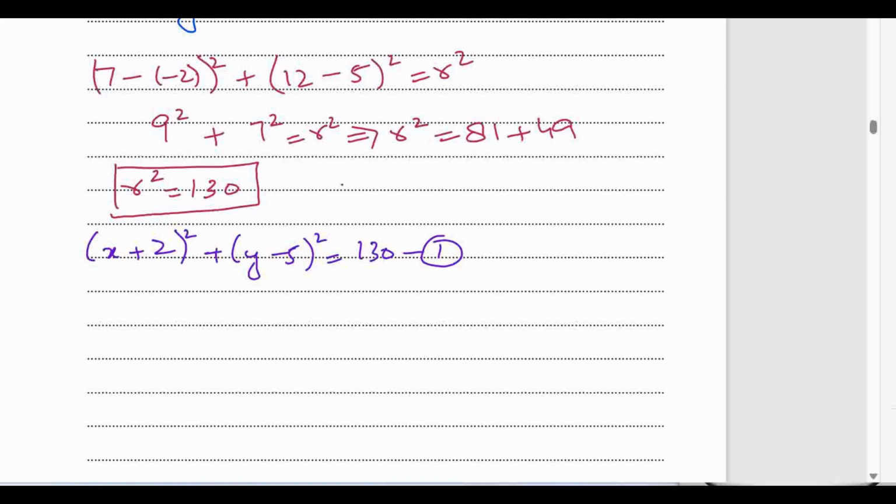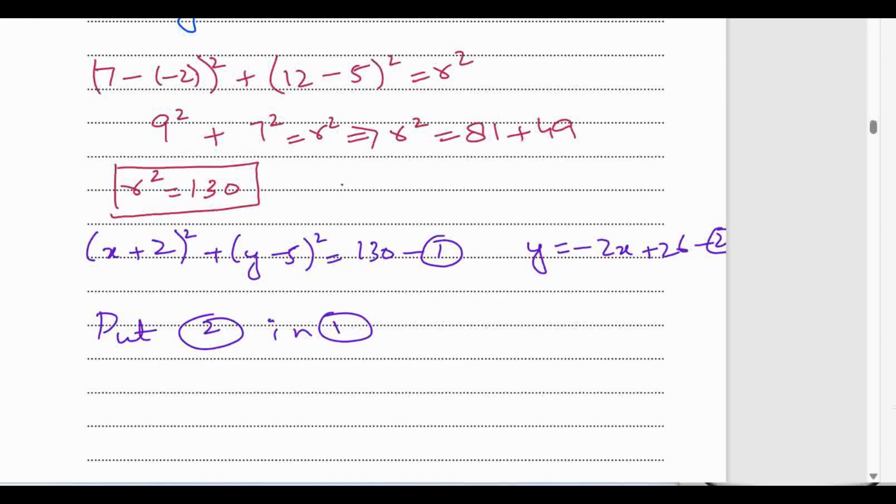And the other equation, the equation of the line, was y is equal to minus 2x plus 26. So this will be equation 2. Now what we have to do is simply put equation 2 in equation 1.